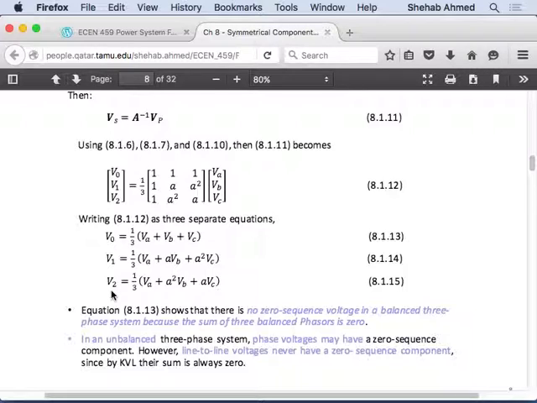Okay, line-to-line faults. In general, if the system is balanced, you will only have positive sequence or only have negative sequence, right? Depending on the way you've connected your system. If your system is unbalanced, you can have positive and negative sequence, or positive, negative, and 0, or you can have negative and 0.